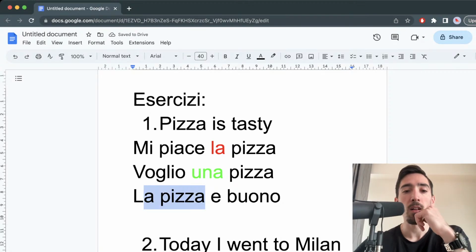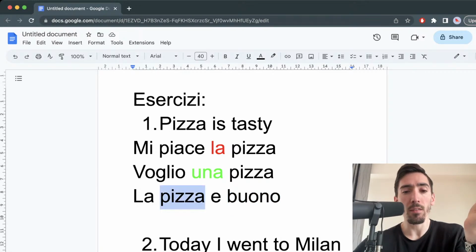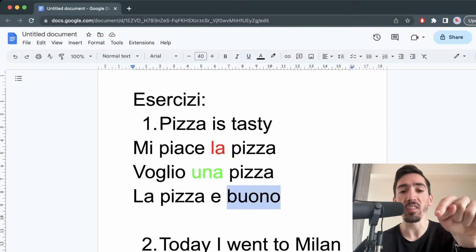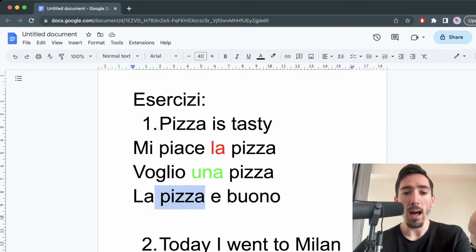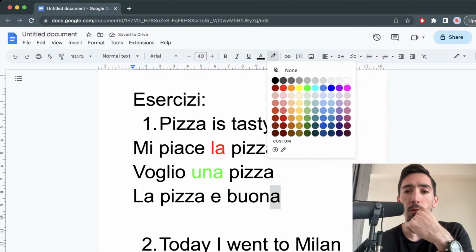La pizza è buono. Remember that adjectives have to agree with the noun they refer to. So buono in this case refers to the pizza, and the pizza is feminine, so we have to go with buona. This is an important point.